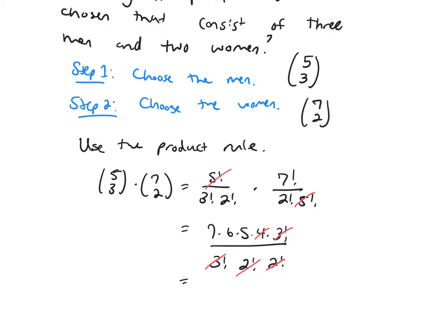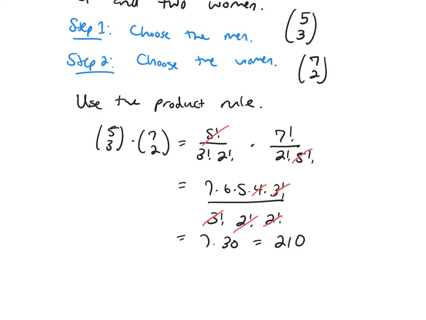So we're getting 7 times 30, or 210. So there are 210 different possible five-person teams that have 3 men and 2 women on them.